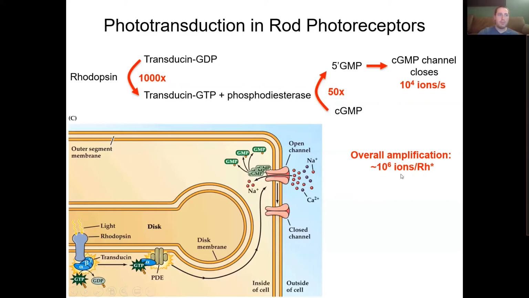So overall, the amplification you get from just a single photon striking one of the rhodopsin, you get about 10 to the 6th ions that are no longer flowing into the cell. So this massive amplification.